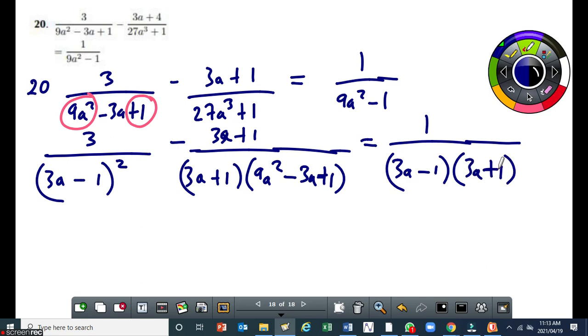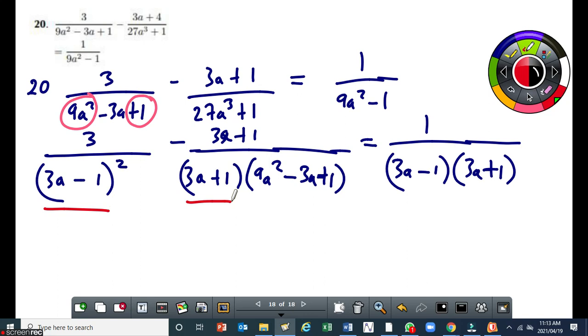Now the next thing is to find the LCD. To find the LCD, I hope you can see that we have two 3a minus 1 factors there. We have 3a plus 1.